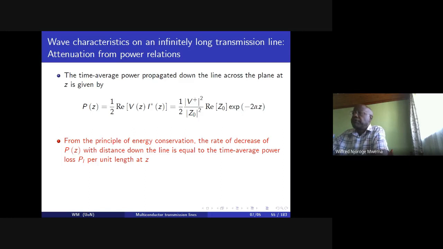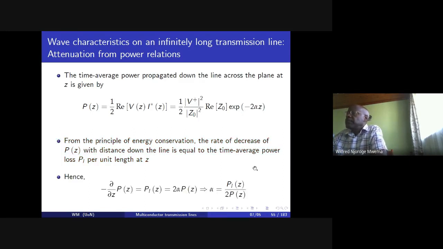Therefore, if we differentiate Pz with respect to Z, we'll get the power loss, and we get something like twice alpha multiplied by Pz, where Pz is, of course, the local average power propagating down the line at that local position. And therefore, alpha can be given as Pm, the power loss at the plane Z, divided by the local average power propagating down the line, and multiplied by 2.